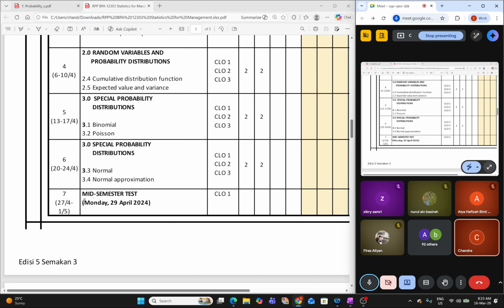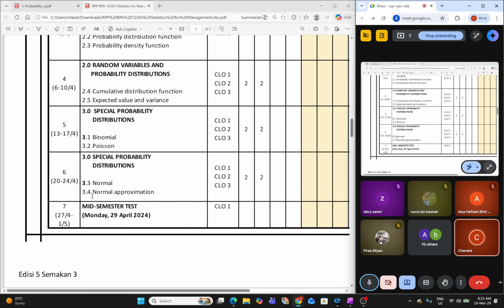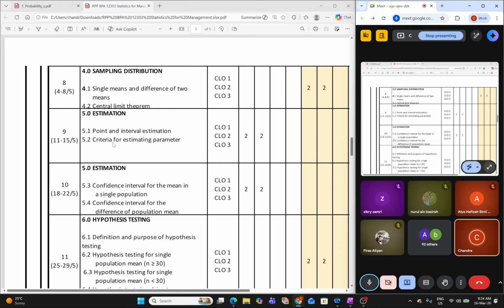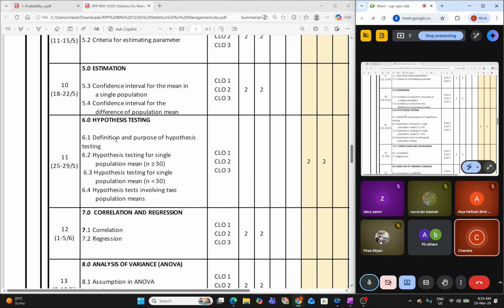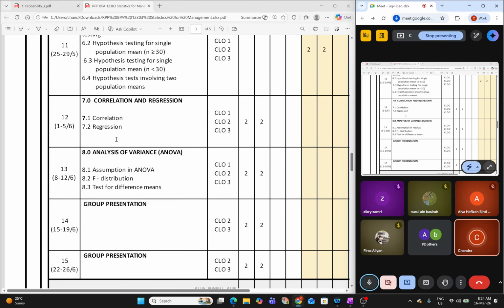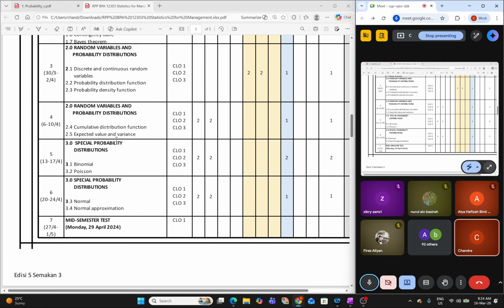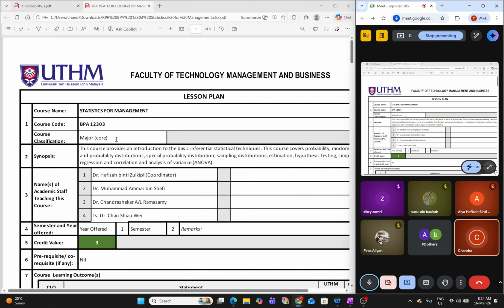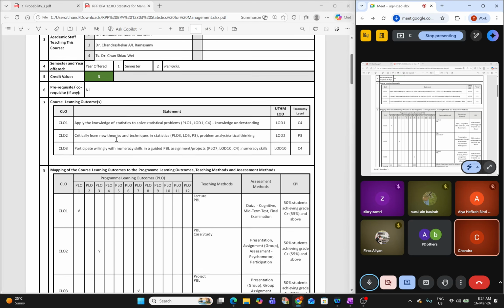And then, the suggested date is the 7th week. We will try to have a test, and next sampling distribution, estimation, hypothesis testing, correlation, analysis of variance. Later I will share this with sections 5 and 6. Don't worry about this one.